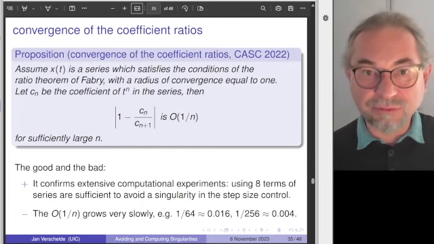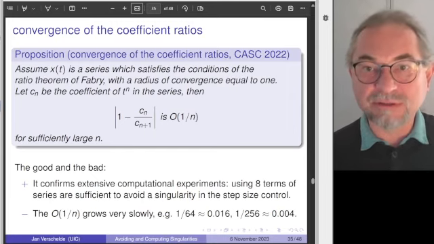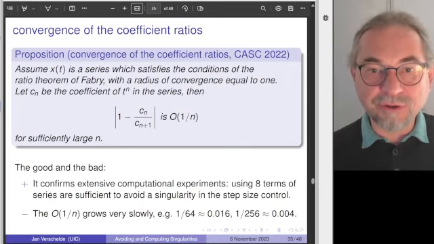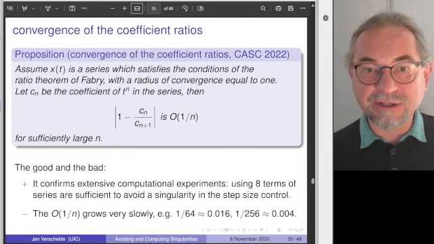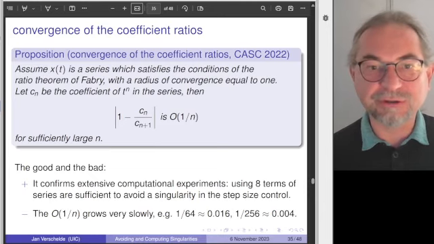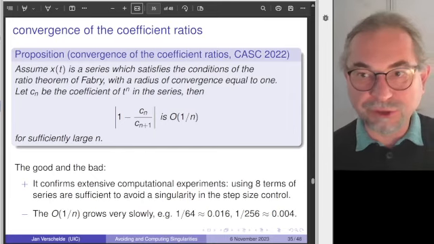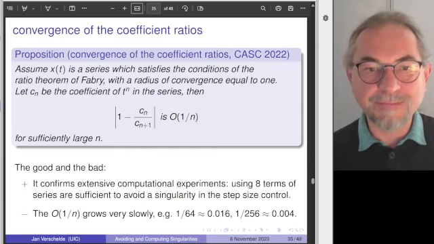Then we could show, and this is in our CASC 2022 paper, that the convergence ratio is actually 1 over n, which will allow the application of Richardson extrapolation. So this result was in agreement with why Richardson extrapolation worked.